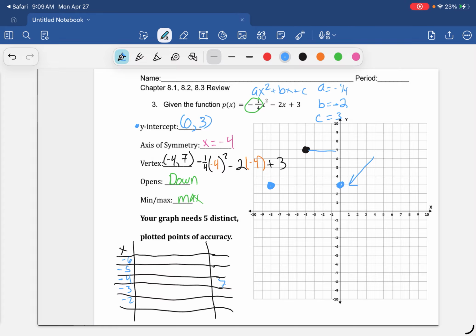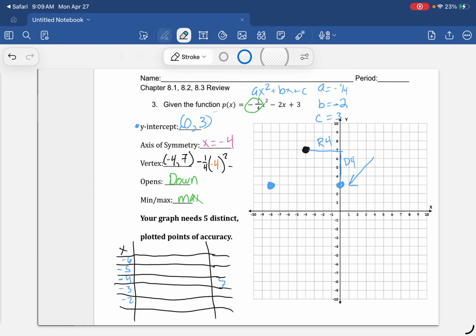How did I get here? I went to the right 4, and I went down 4. What that means on the other side of my equation, because again, we have this axis of symmetry, instead of going to the right, I can go left 4 and down 4, and I also have a point.